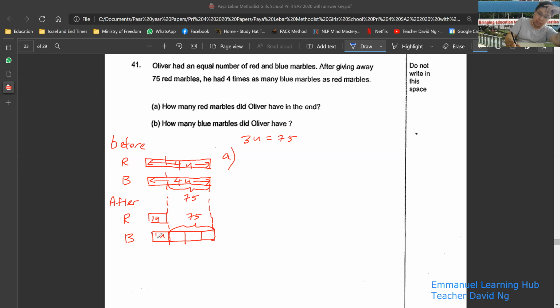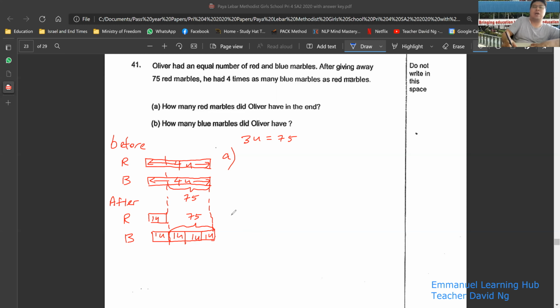So from the model, you can see that red marbles left how many units? Red marbles left 1 unit. So you know 3 units is 75, right? Are you able to see that 3 units is 75 from the model? You can see that, right?